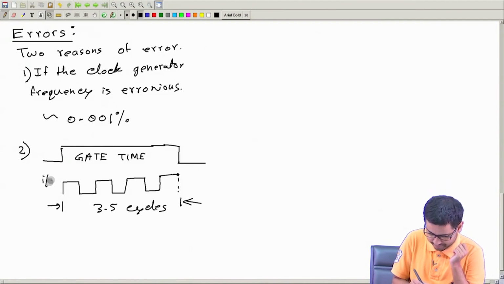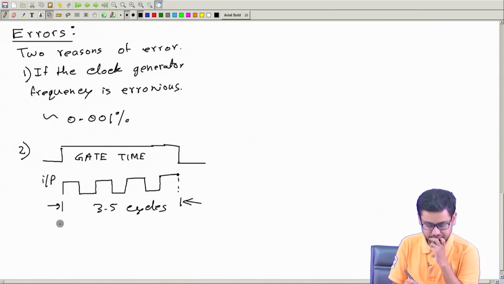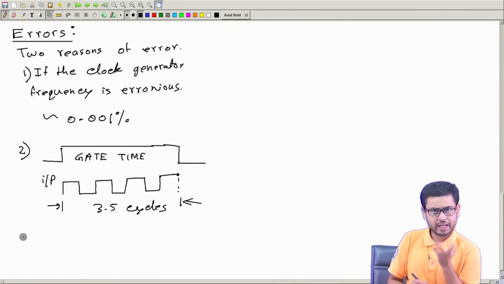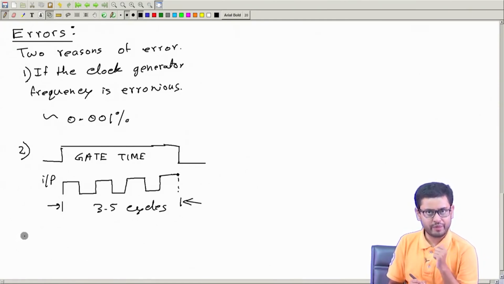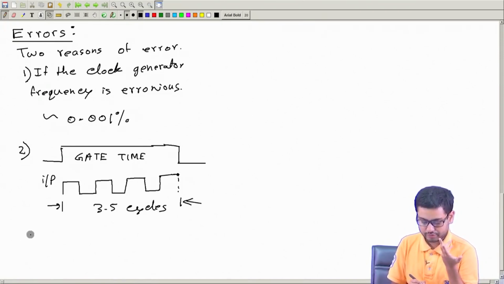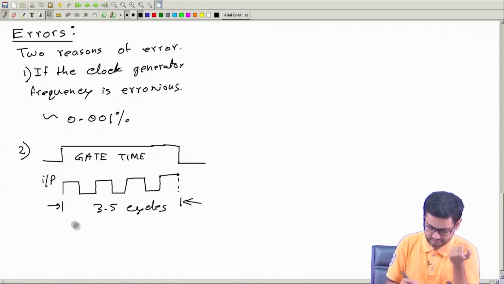This is input, right, and this is fed to the counter, but the counter cannot display 3.5, because the counter is always incremented by a count of 1. Okay, and say it is incremented at every positive cycle or negative cycle.